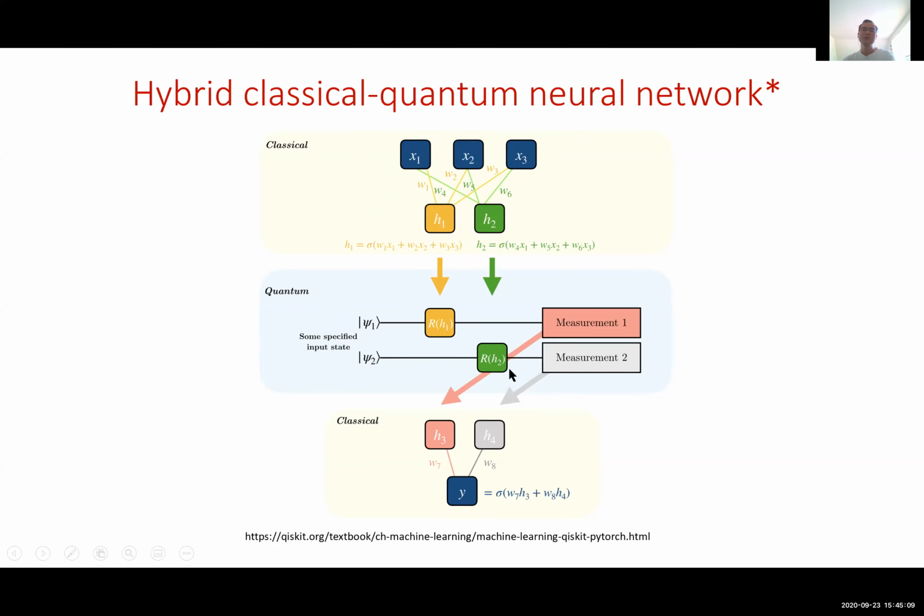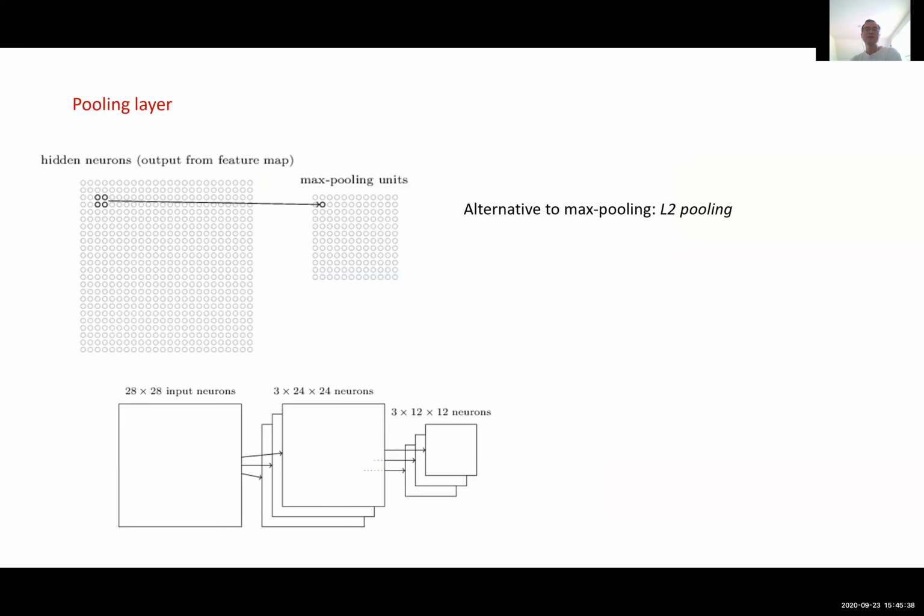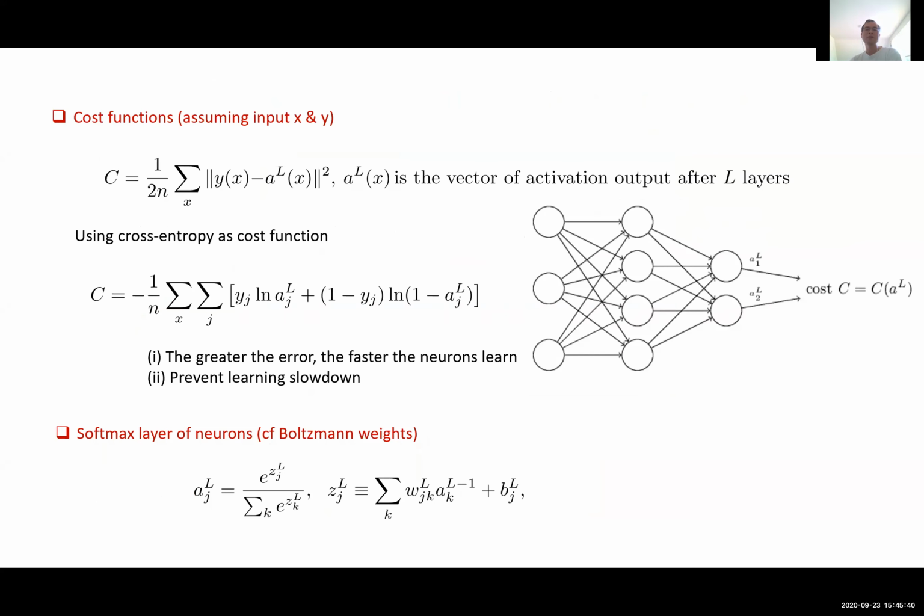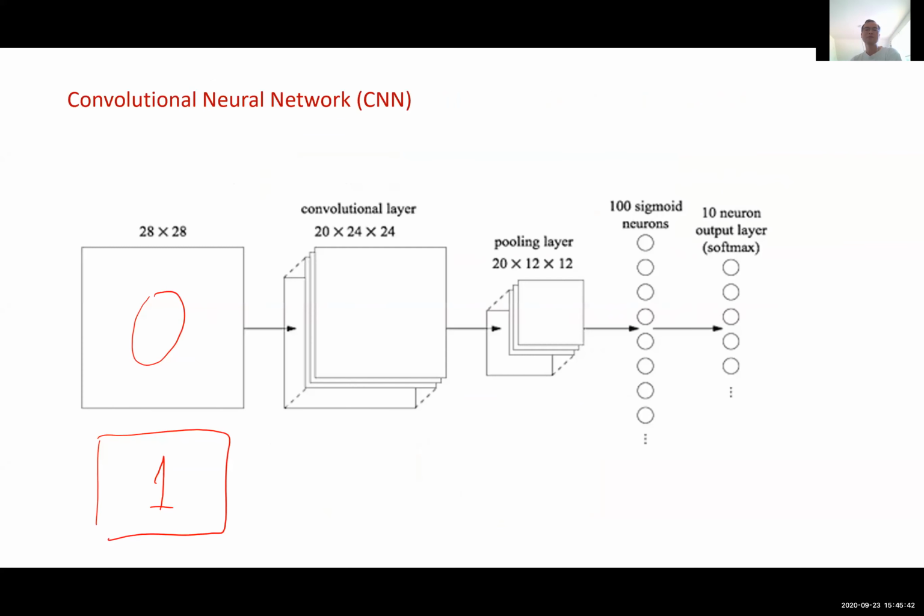This measurement can, for example, be fed back to a classical optimizer, but that could also be combined to a classical neural network. So in some sense, if your viewpoint is from a quantum computer, you can view these classical neural networks as a way to help you optimize the parameters. Okay, if you take this viewpoint, then you probably don't need to know the details of these neural networks.